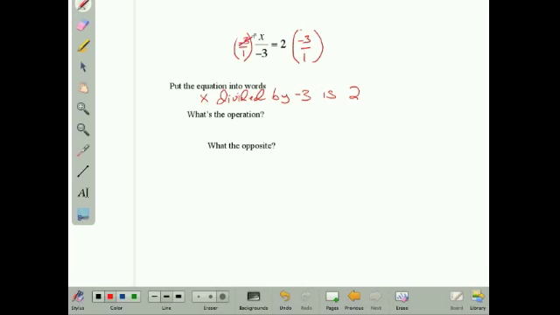And so the negative 3 cancels, and I'm left with x by itself equals 2 times negative 3 divided by 1. 2 times negative 3 is negative 6. 1 times 1 is 1. x is equal to negative 6.